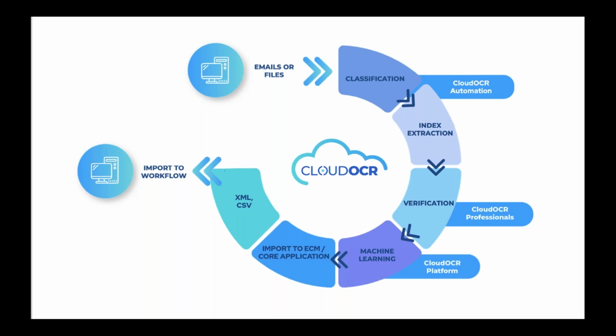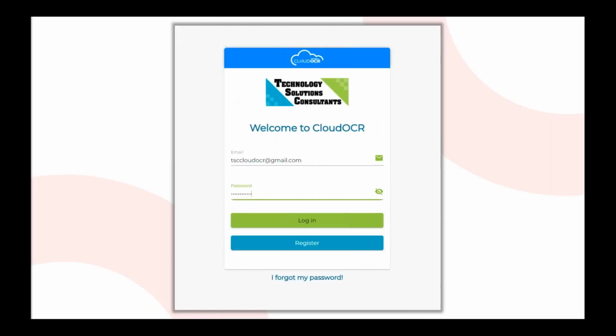Basically, since this is so hands-off, there is not a user interface for you to go into to actually correct anything on these documents, because that's all being handled by CloudOCR, but there is visibility into what's going on through the CloudOCR portal.